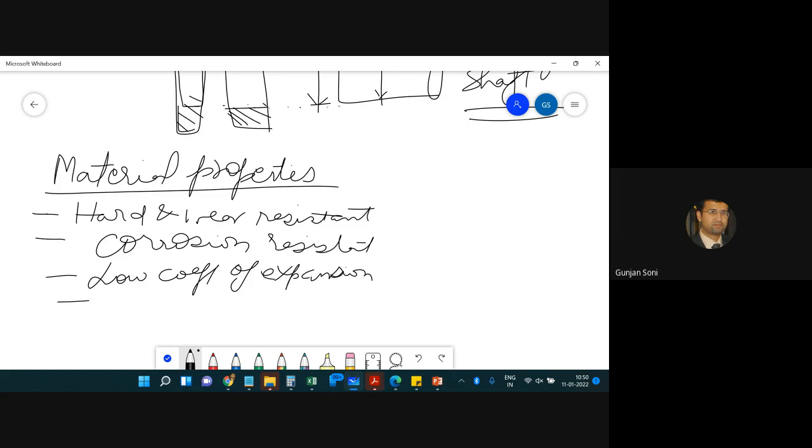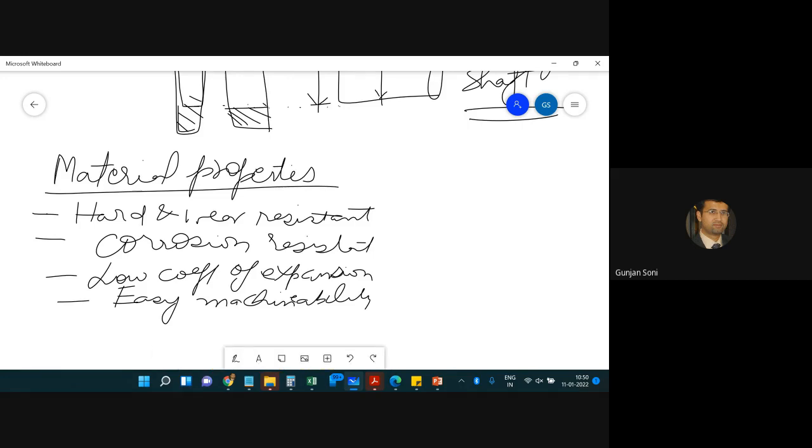Yeah, so machinability, right? We can say easy machinability. Okay, so these are some properties which should be there for gauges.